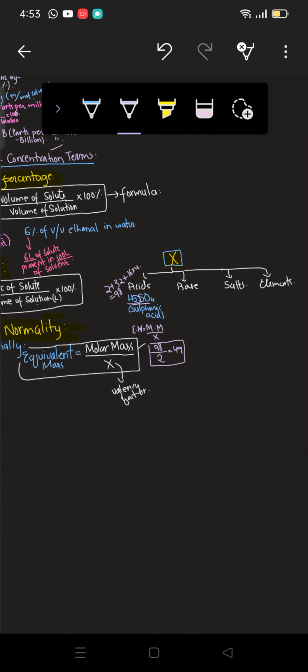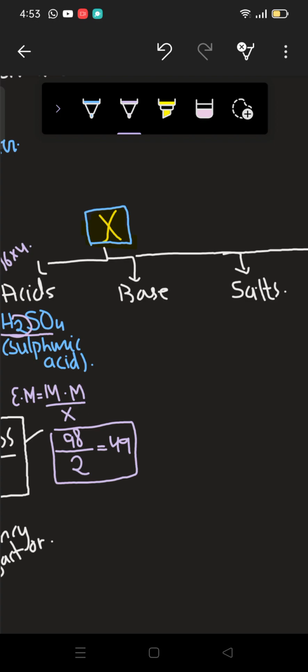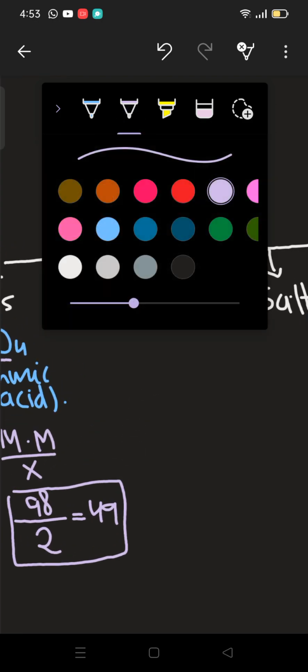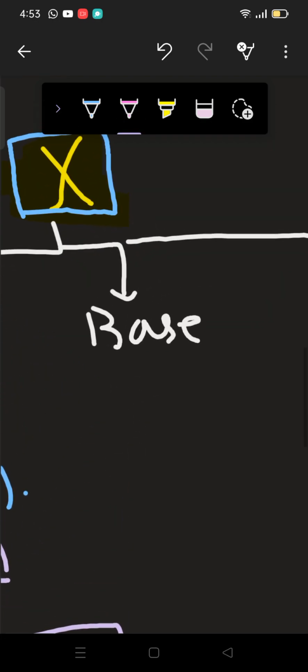Now you see how we find the equivalent mass: molar mass of that substance per unit X. X is the valency factor. For acids, this X represents the number of H ions produced by an acid. For a base, this X represents the number of OH ions produced by the base. So here we are going to take an example of a base, which is NaOH.